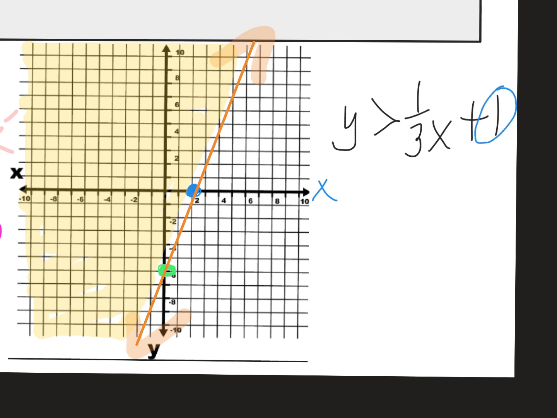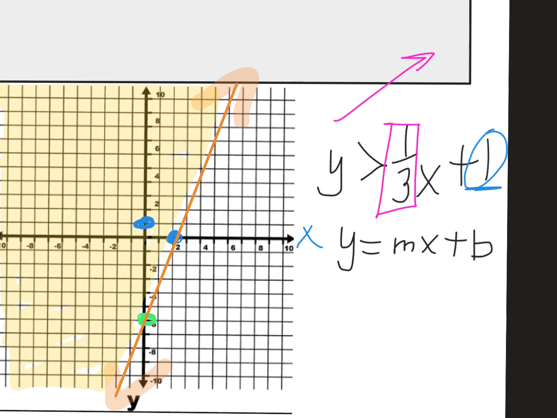So remember that this is in the format y equals mx plus b. And that b, that beginning point, is going to be the y-intercept right here at 1. And then the slope is positive, which tells you that it's going to go up. And the rise over the run tells you that it's going to go up 1 and over 3. So from our beginning point, we're going to go up 1 and then over 3.